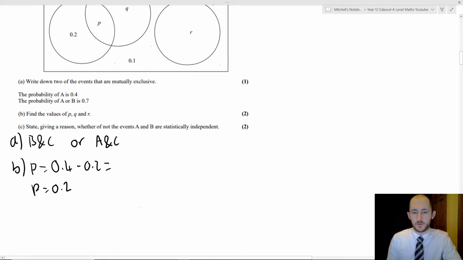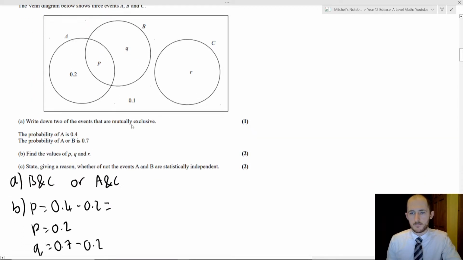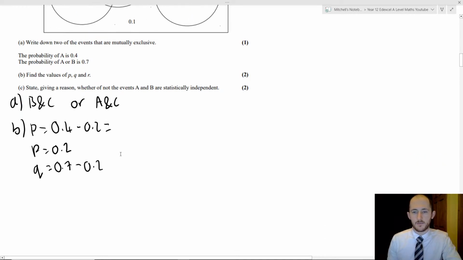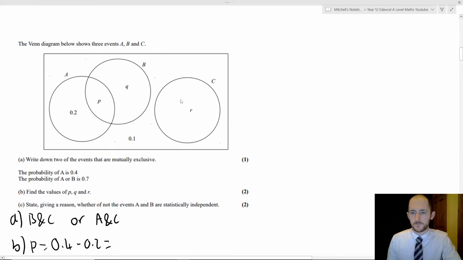So in this case, Q is going to equal 0.7 minus P and minus A, which is 0.2. Which is 0.3.